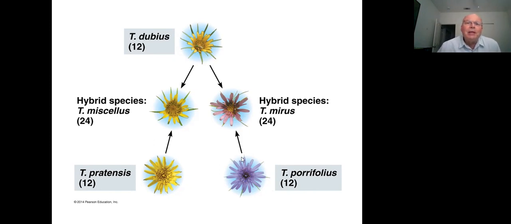So by way of summary, allopatric speciation and sympatric speciation can be differentiated from each other in the following ways. Allopatric speciation requires geographic isolation, where the two populations are geographically isolated from each other.